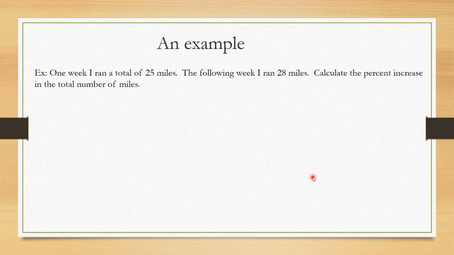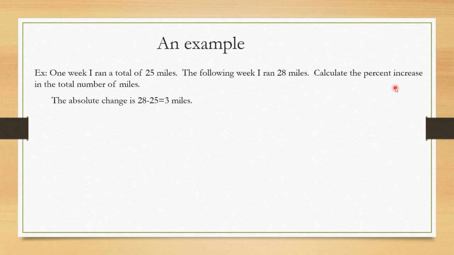Notice in the problem, 25 is our starting quantity, and our ending quantity is the 28 miles. So the absolute change would be this, as you can see.